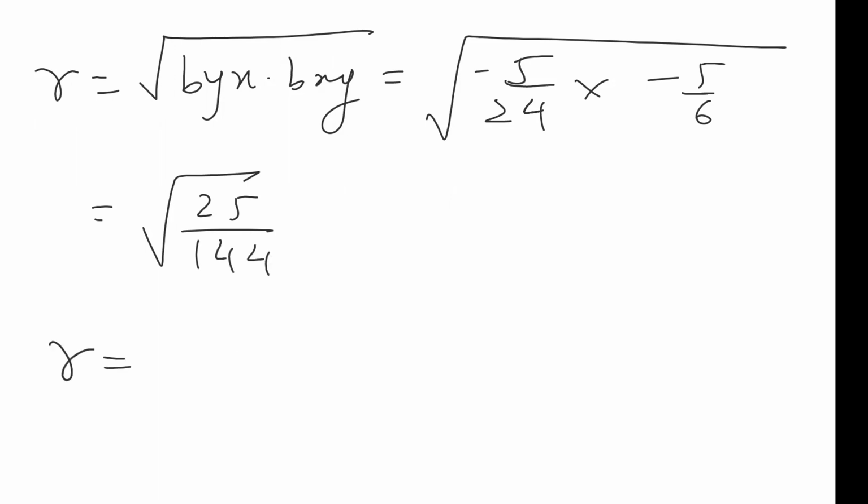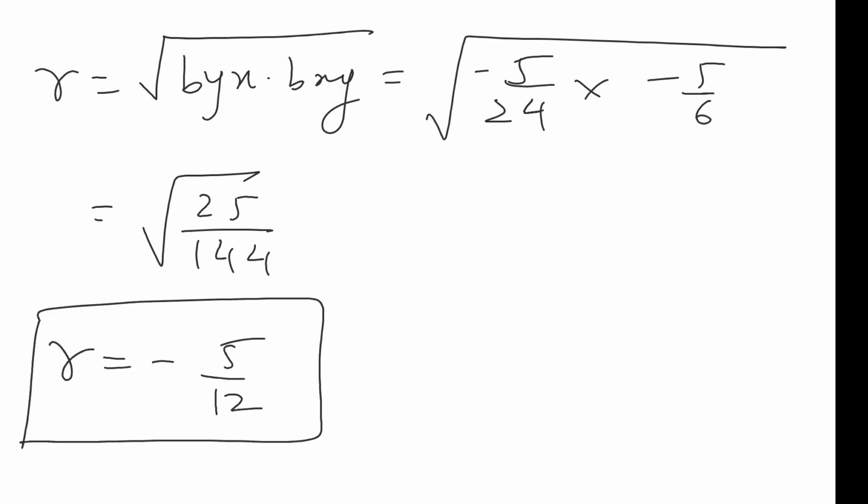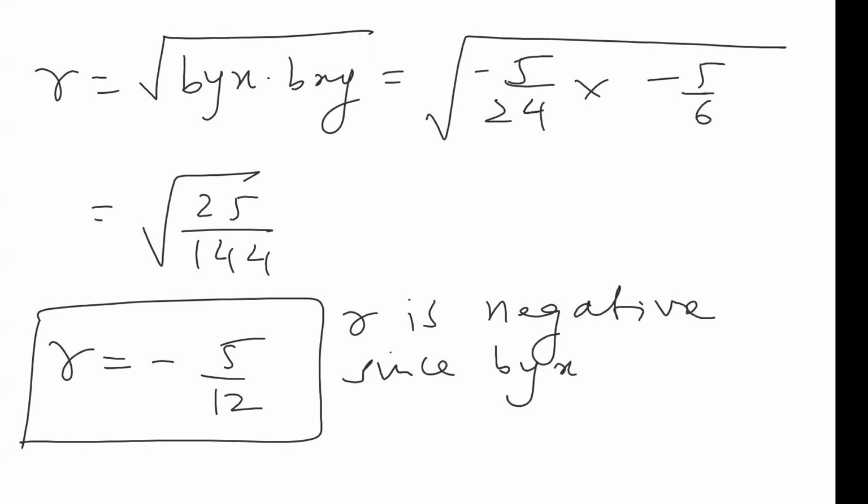So r is equal to 5 by 12, but I'm putting a minus sign over here. Can you tell me why? I'm putting a negative sign because byx and bxy are both negative, so r is negative. Are you understanding? Fine.